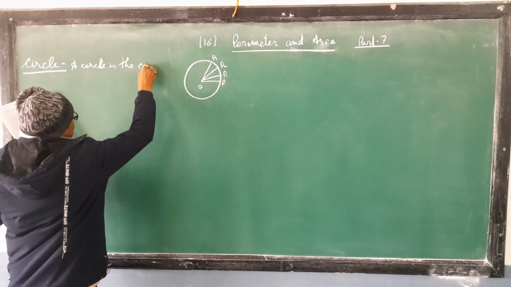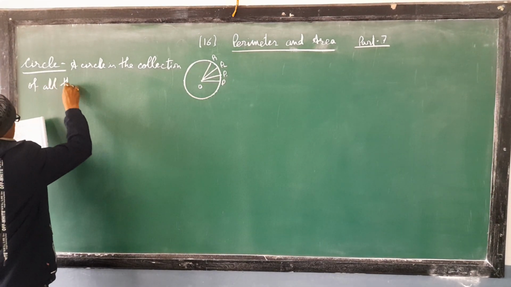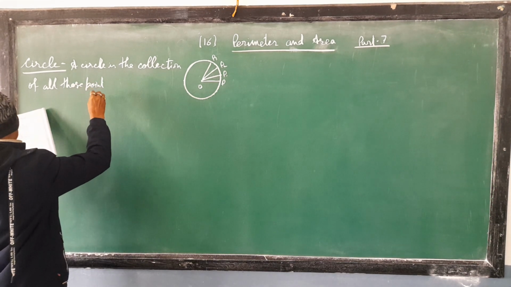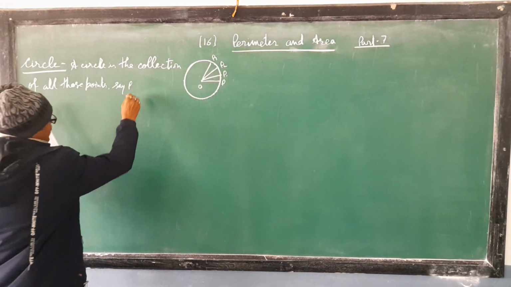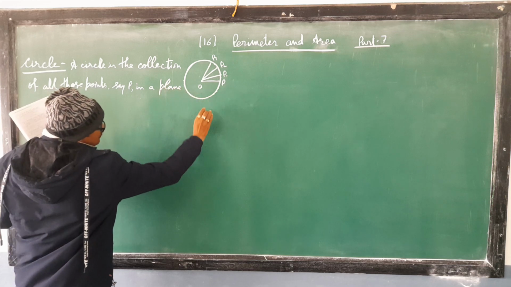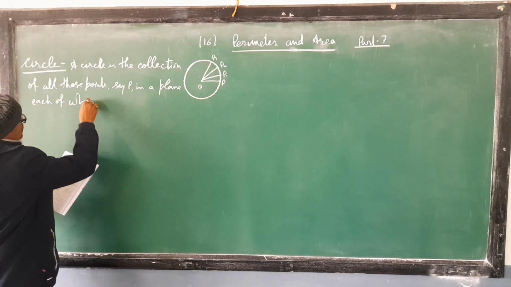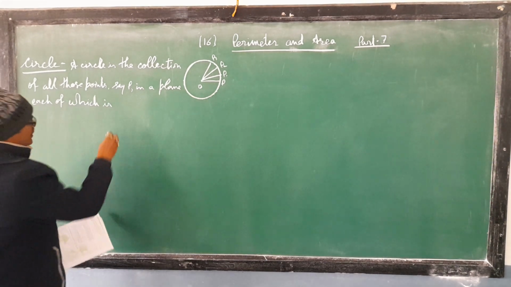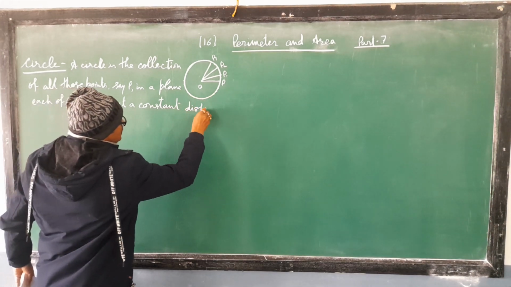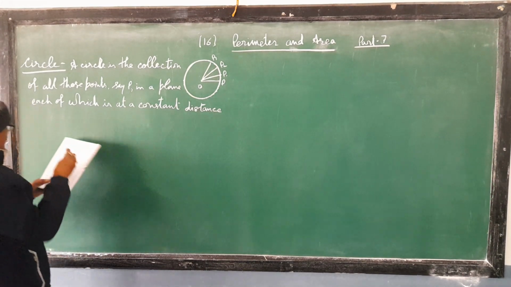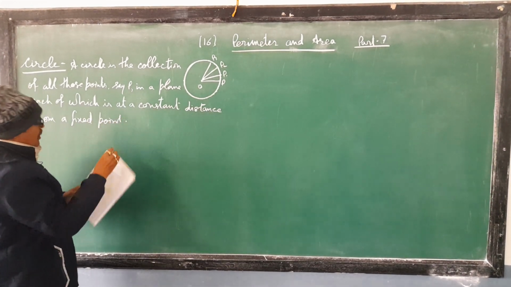So what is a circle? A circle is the collection of all those points, say P, in a plane, each of which is at a constant distance from a fixed point in that plane.